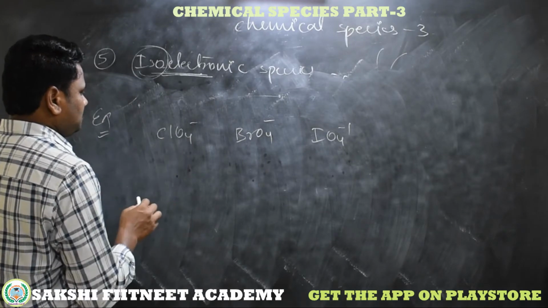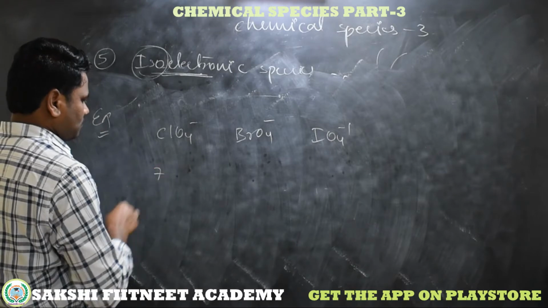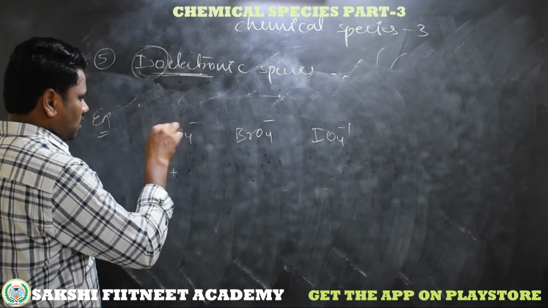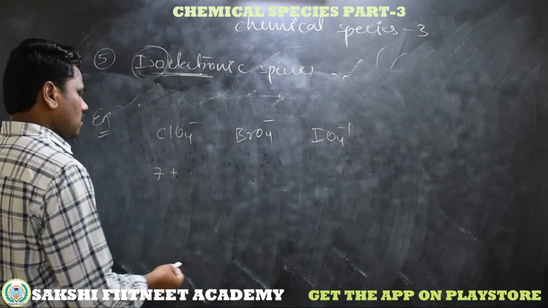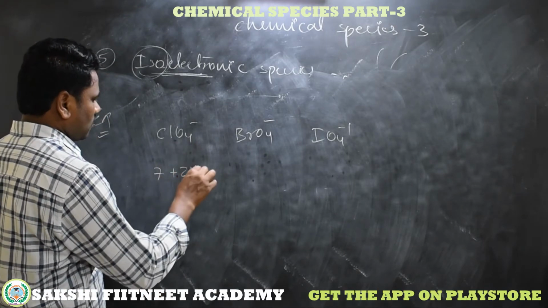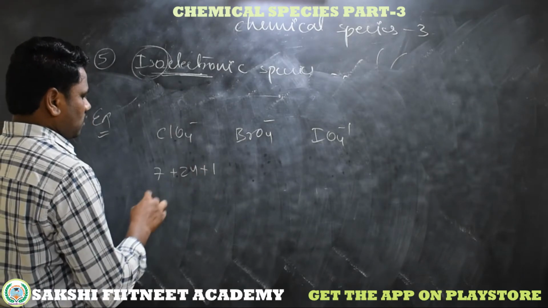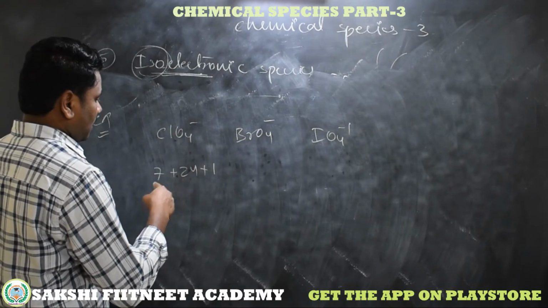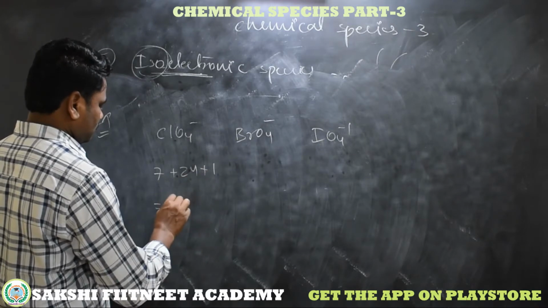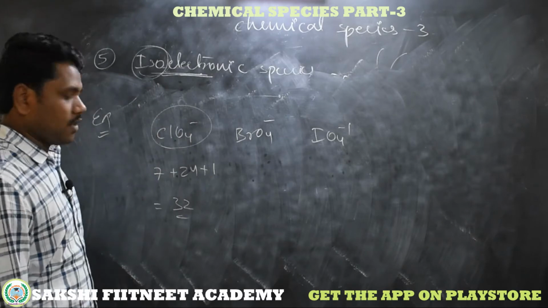Now chlorine: valence electrons are 7, plus each oxygen has 6, so 6 into 4 is 24, plus 1 for the charge. 7 plus 24 is 31, plus 1, 32. The valence electrons of this fragment become 32.